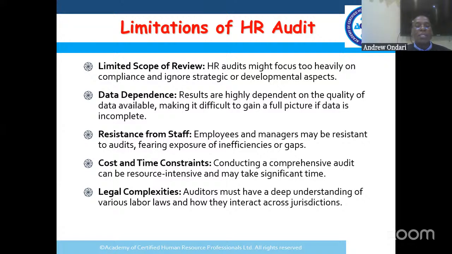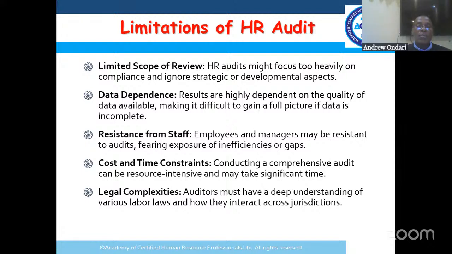Depending on what the organization wants to achieve, many of the audits focus on some of these types and ignore the others, especially on the part of strategic audit. Many directors in most organizations always ask, what is the HR department bringing on board to achieve the strategic objectives or the bottom line of the organization?